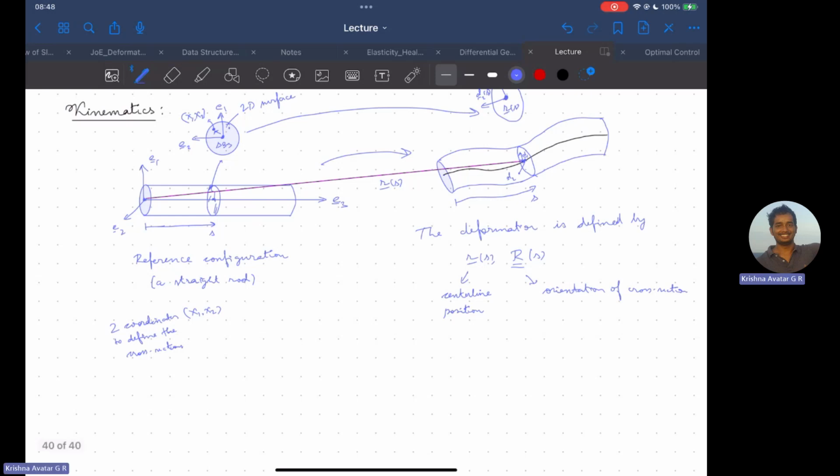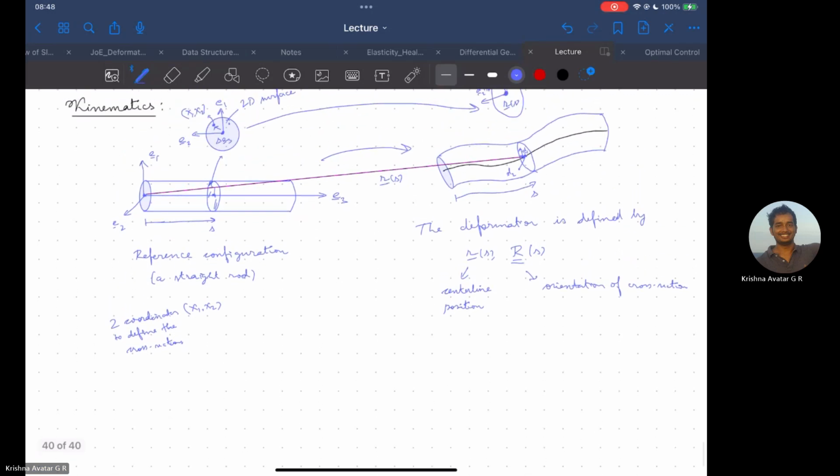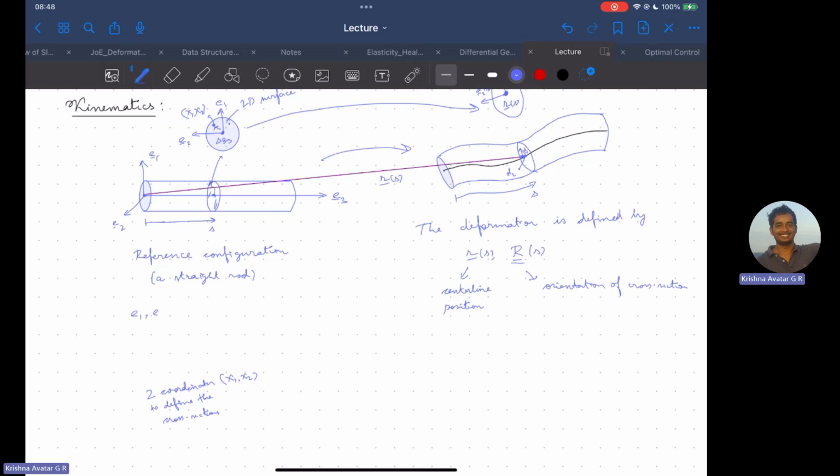Right? And we have E1, E2, and E3. This is what we call the Cartesian basis.